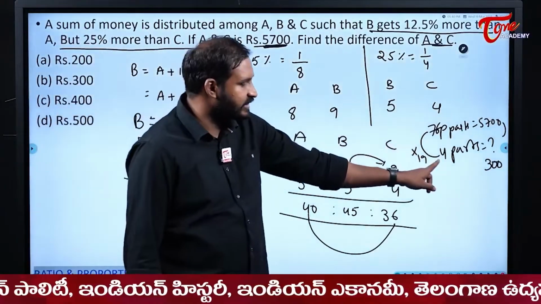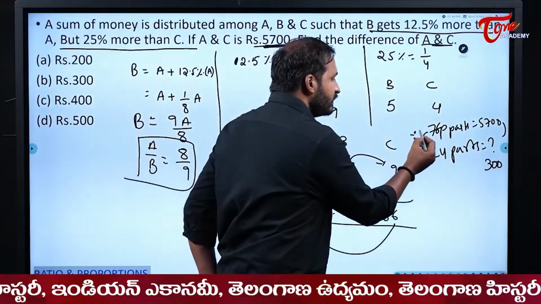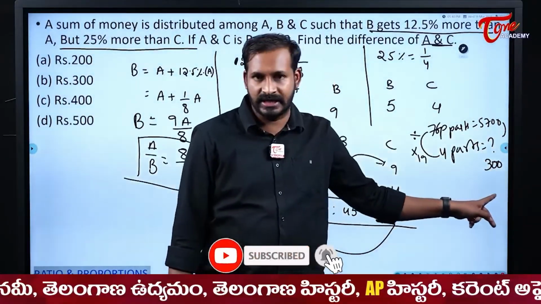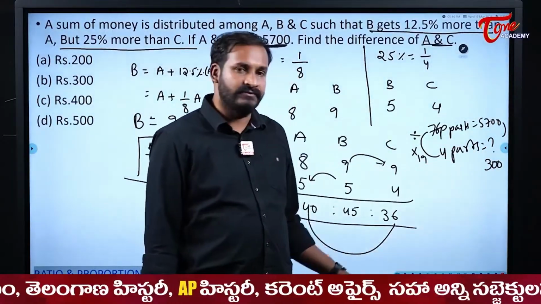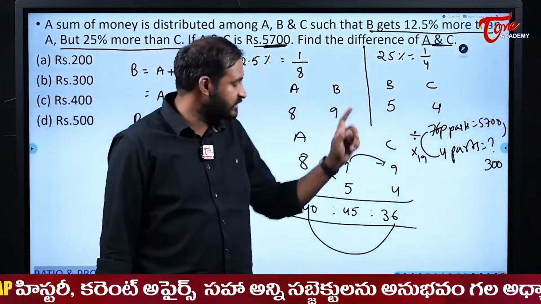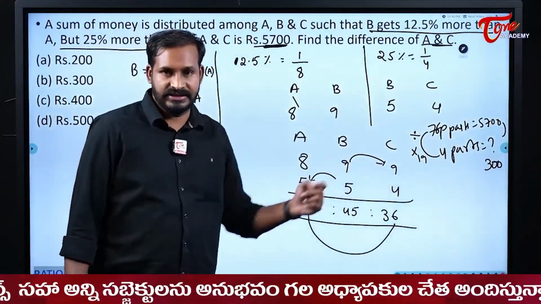See here students, 76 to 4 means divided by 19. Similarly, 5700 divided by 19 becomes 300. If you identify that, okay, else consider it as x and try to get. Why? Because they gave us the sum of A and C, that is 5700, and they are asking us the difference between A and C. Understood? So you should understand this relation.